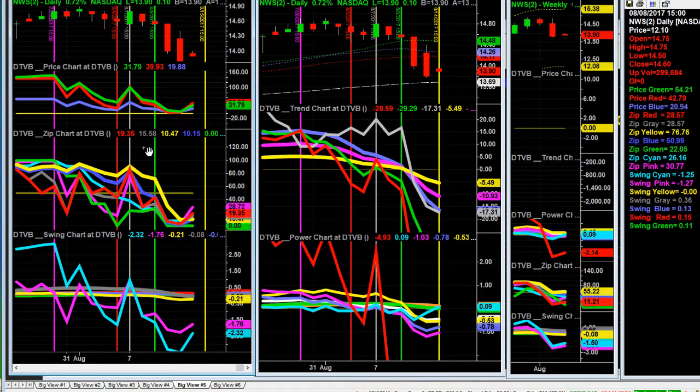Keep in mind, divergence does not necessarily tell you price direction. It does tell you that something is going to happen. It basically shows us an opposing amount of force within the stock at that point in time.